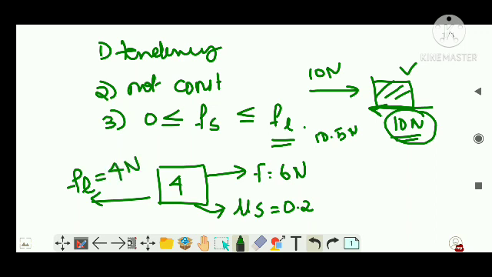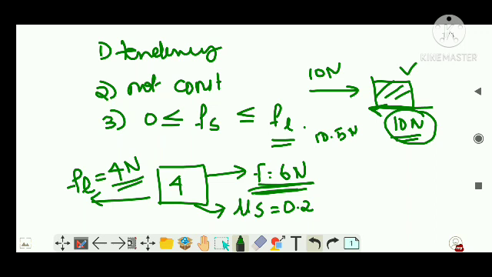That means the friction can oppose up to 4 Newton. Which friction? Static friction can oppose up to 4 Newton. If you apply more than 4 Newton, the object will move, but there will be an opposition, not by static friction, but by kinetic friction. I hope you understood, right?